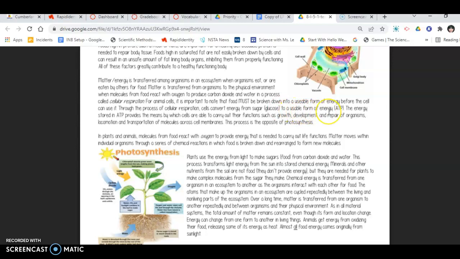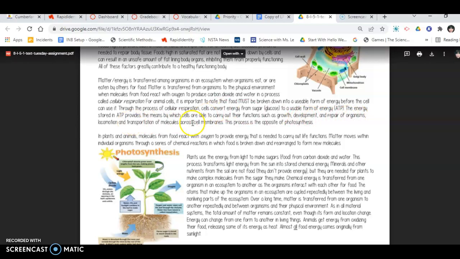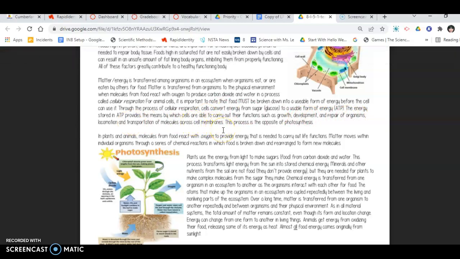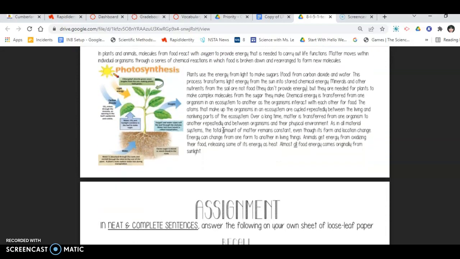To a usable form of energy called ATP, or adenosine triphosphate. The energy stored in ATP provides the means by which cells are able to carry out their functions, such as growth, development, and repair of organisms, locomotion, and transportation of molecules across cell membranes. And this process is the opposite of photosynthesis.